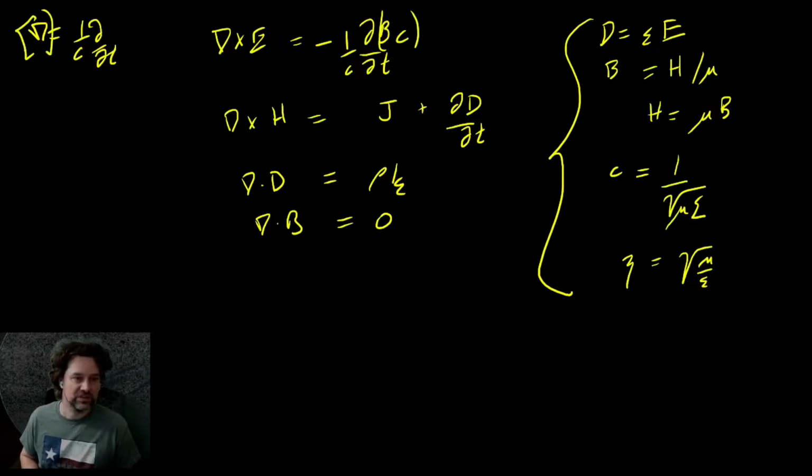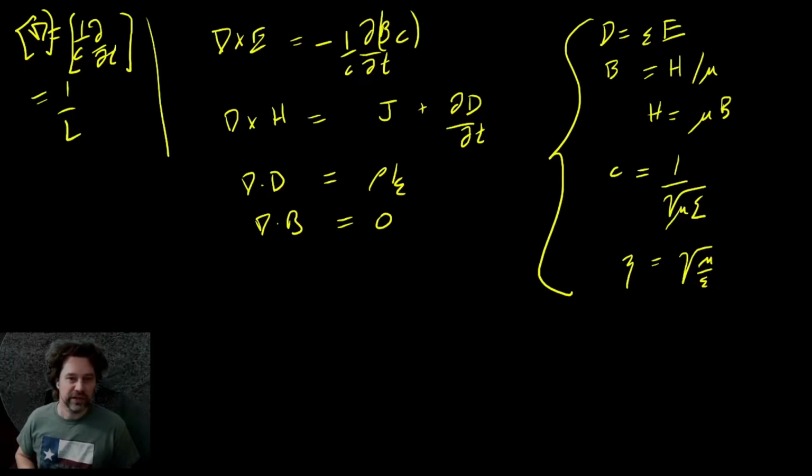So these dimensions equal 1 over length. And we have now dimensions of the electric field equals the dimensions of B times c.